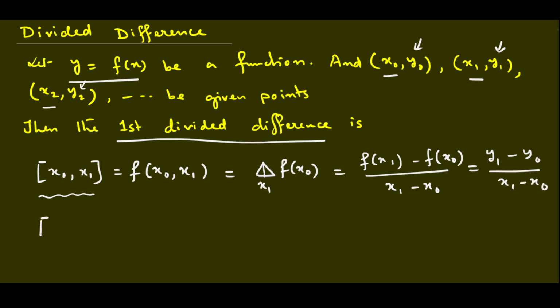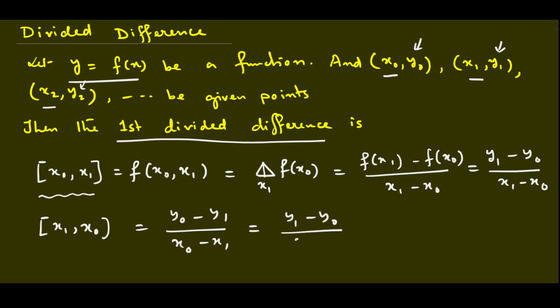Now, if you write x1 comma x naught, then it will be y naught minus y1 divided by x naught minus x1. If we multiply the numerator and denominator by a negative sign, it becomes y1 minus y naught divided by x1 minus x naught. Now see, both these terms are the same.